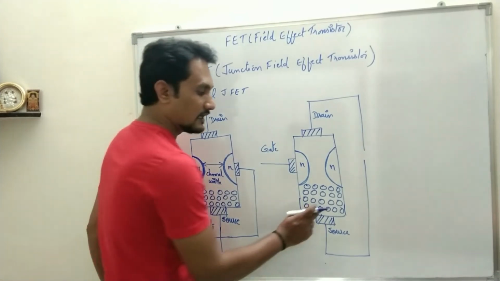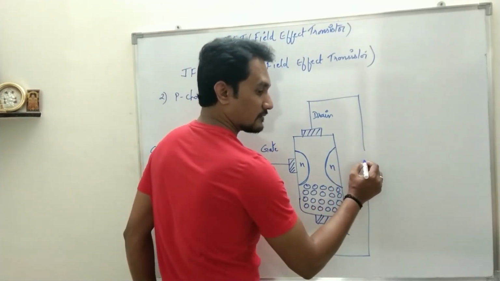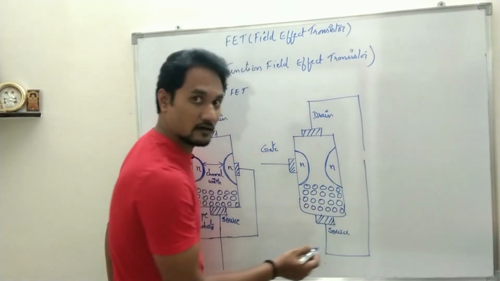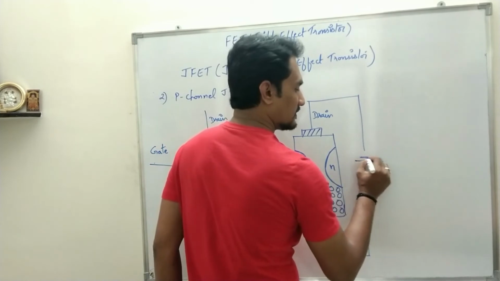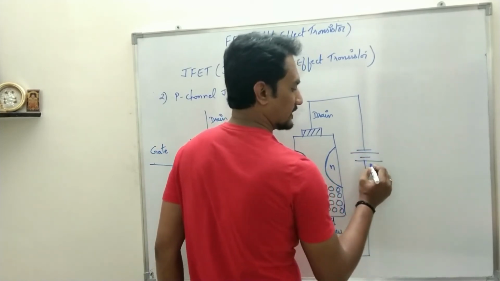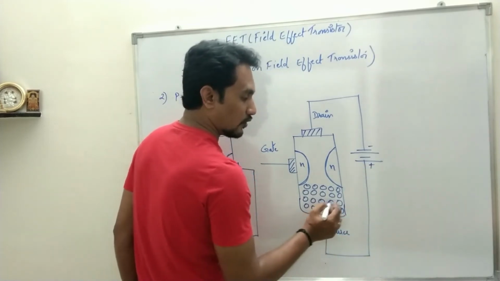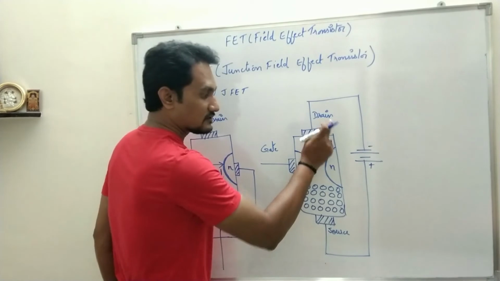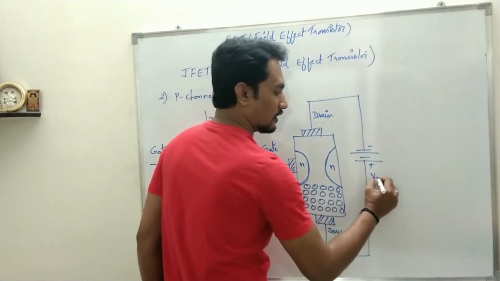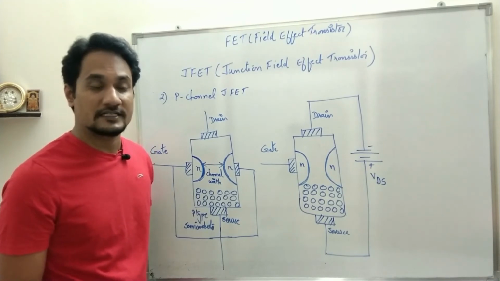Holes should be connected to which terminal? Like terminals repel each other, so the source will be connected to positive and drain to negative. The positive terminal will repel holes, and since this potential is applied between the two terminals, source and drain, it is called VDS.